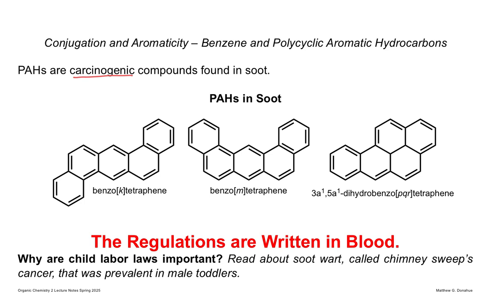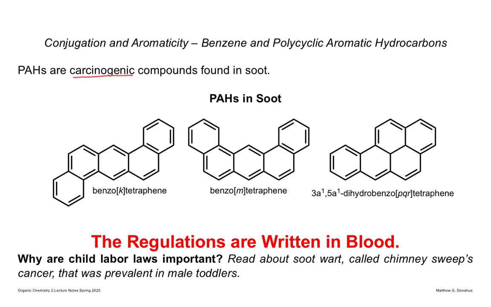But the more rings you put on, the more double bonds you're adding, it lowers that energy gap. And so that energy gap can get so low that these start behaving as normal alkenes. So they'll do the addition reactions like an alkene.